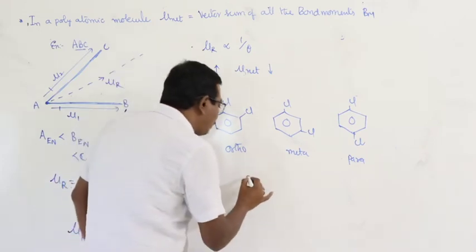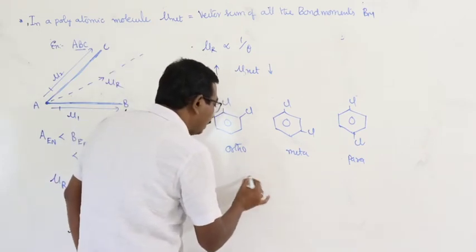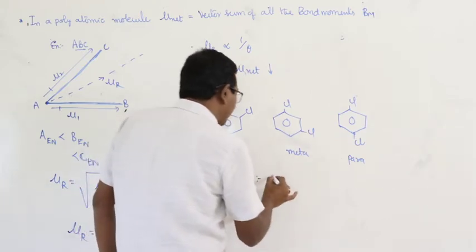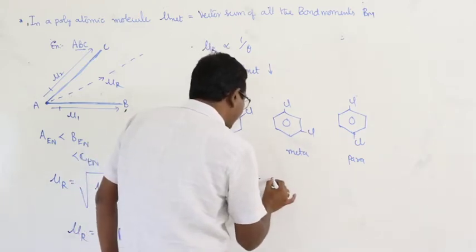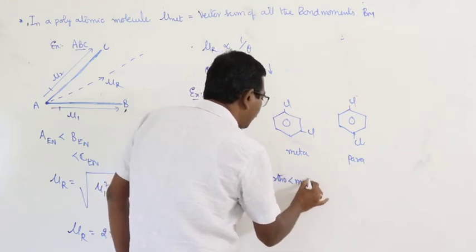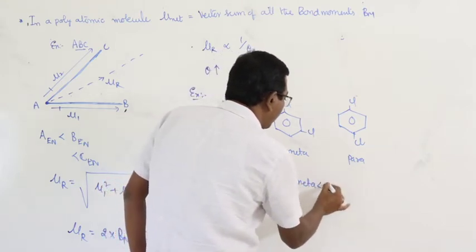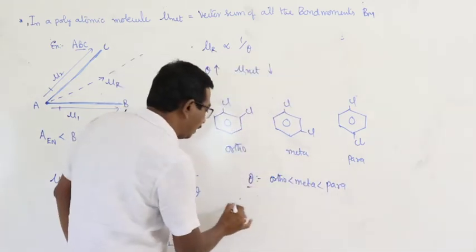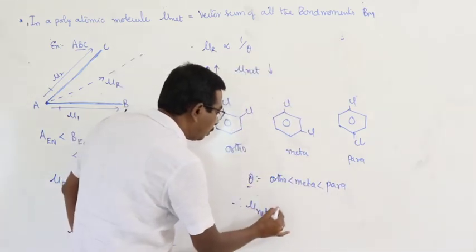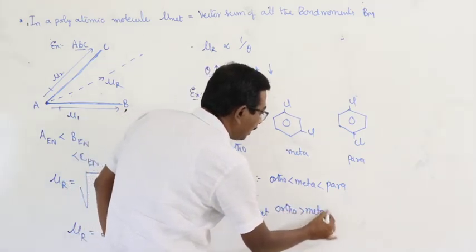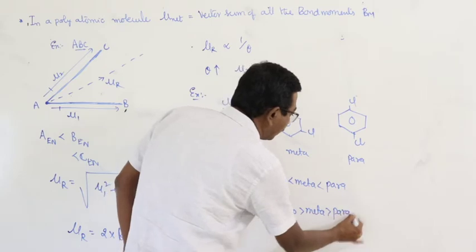Here the order of net dipole moment or order of theta is ortho 60, meta 120, para 180. Here theta gradually increases, therefore net dipole moment is reverse. Ortho greater than meta greater than para.